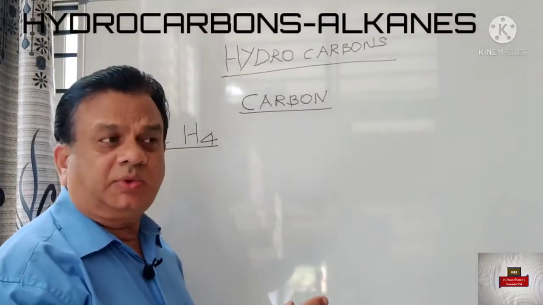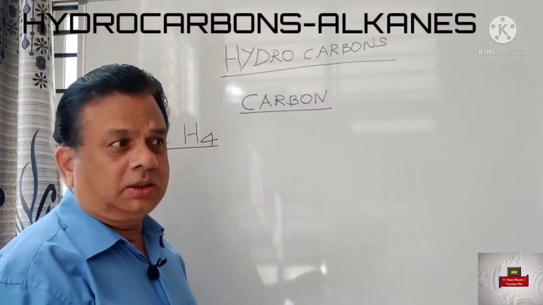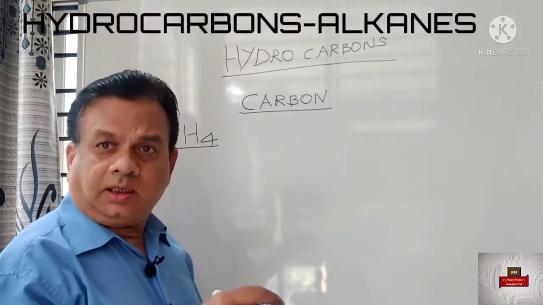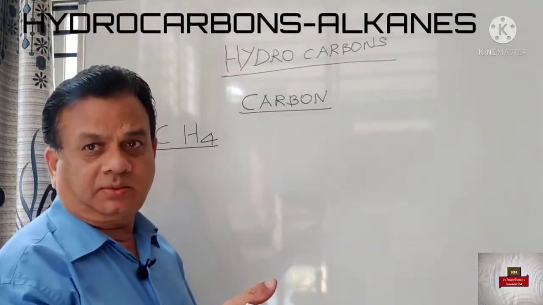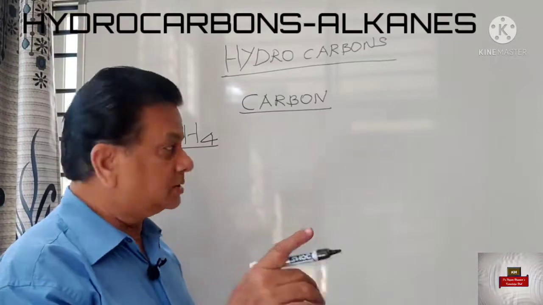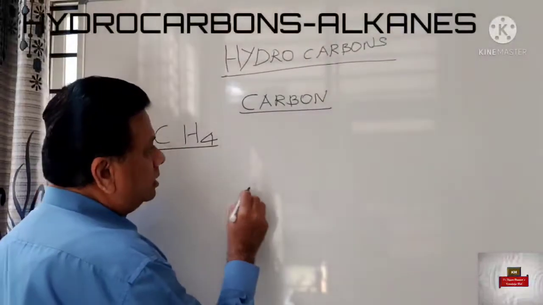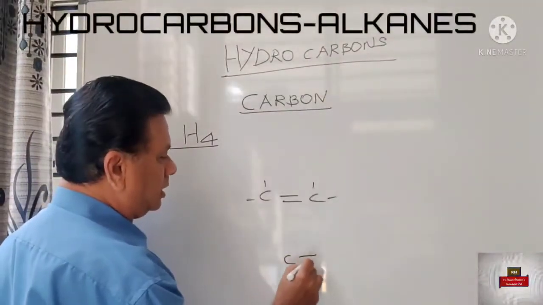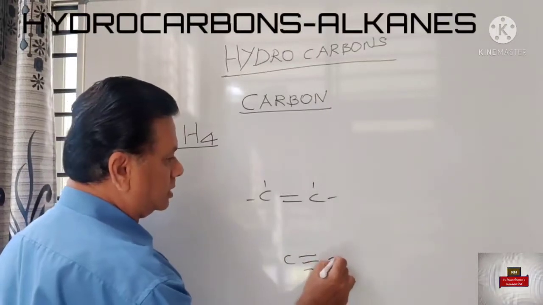In alkenes, they form sp2 hybridized orbital. There will be one pi bond. And then in alkyne, they will form sp hybridized orbital. Then they will have 2 pi bonds.